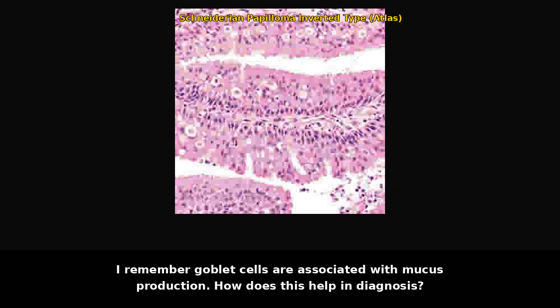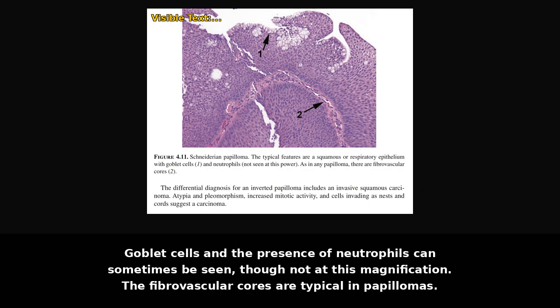I remember goblet cells are associated with mucus production. How does this help in diagnosis? Goblet cells and the presence of neutrophils can sometimes be seen, though not at this magnification. The fibrovascular cores are typical in papillomas.